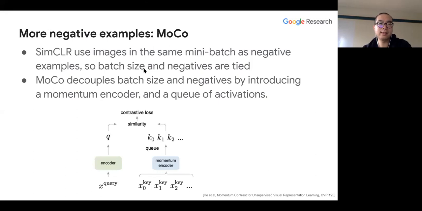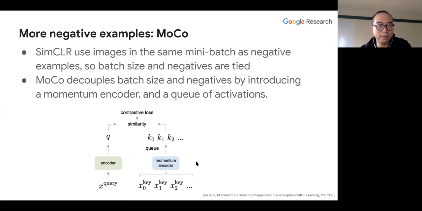Okay, so in SimCLR, it uses images in the same mini batch as negative examples. So the batch size and the number of negative examples are tied. Now MoCo quite nicely decouples the batch size and the negative examples by introducing a momentum encoder and a queue of negative activations.